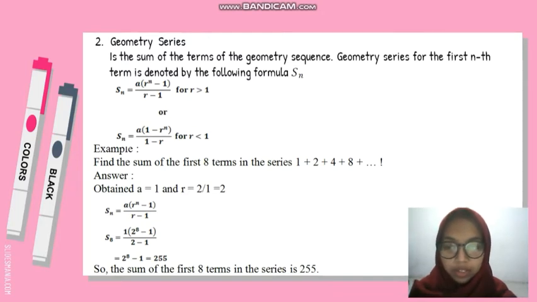So S sub 8 equals 1 times 2 to the power 8 minus 1 divided by 2 minus 1 equals 2 to the power 8 minus 1 equals 255. So the sum of the first 8 terms in the series is 255.